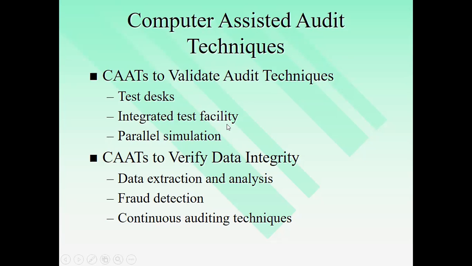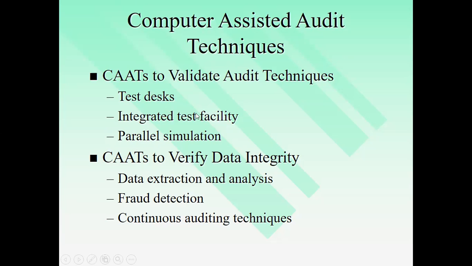Okay, so that's ITF. From the word integrated, a certain data or information simulated by the auditor is placed on that system so that we will check if the system is really producing the output that we are looking for.